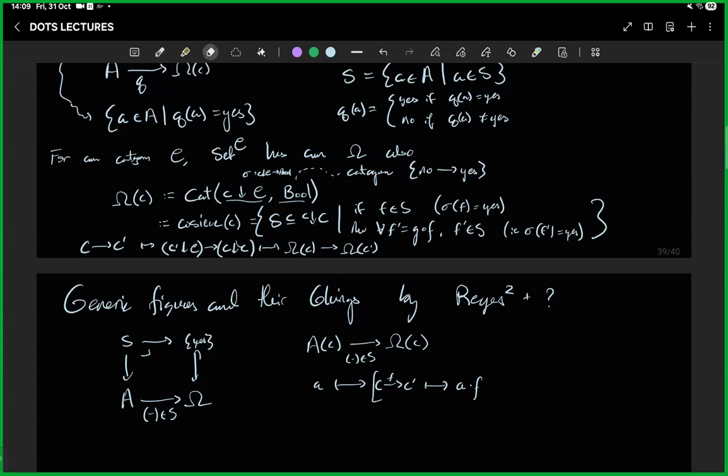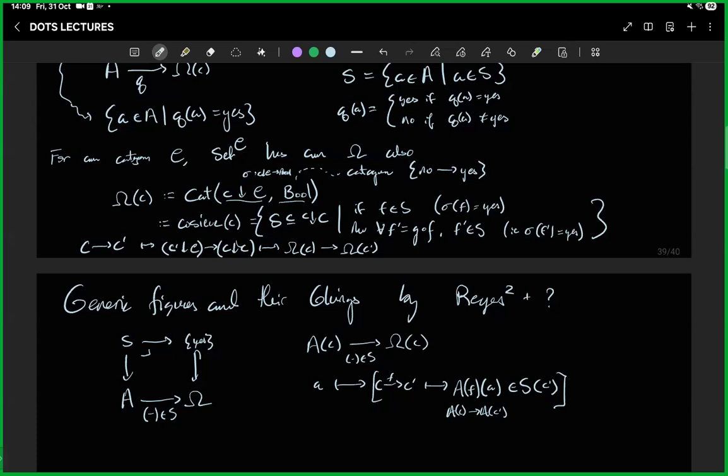I can take A of F, which goes from A of C to A of C prime, and act that on A. And then I can ask, is that in S of C prime? And you have to go and check that this works, but this works.